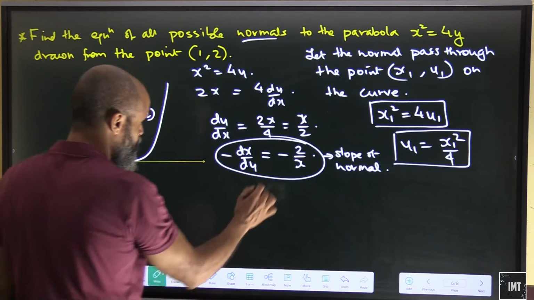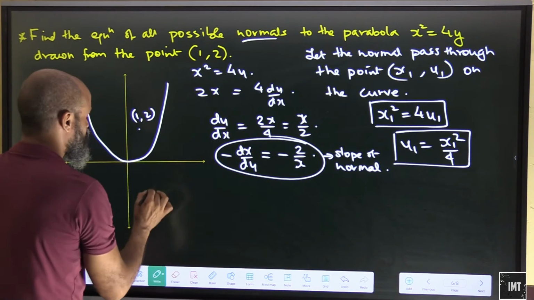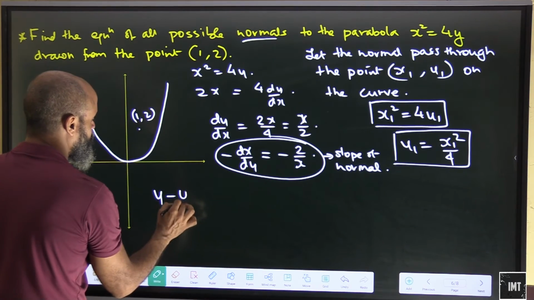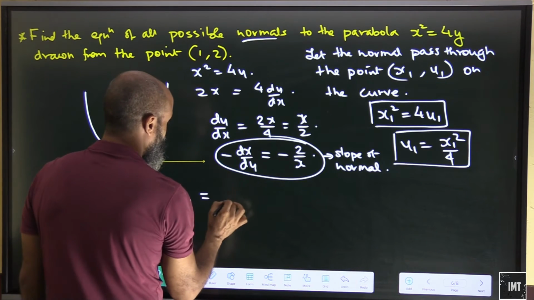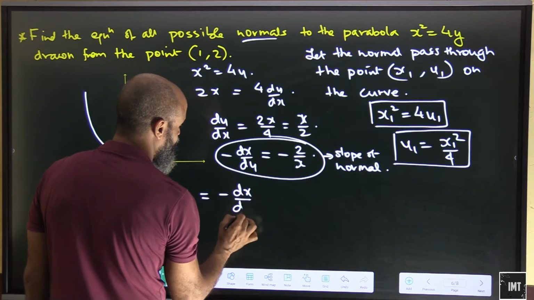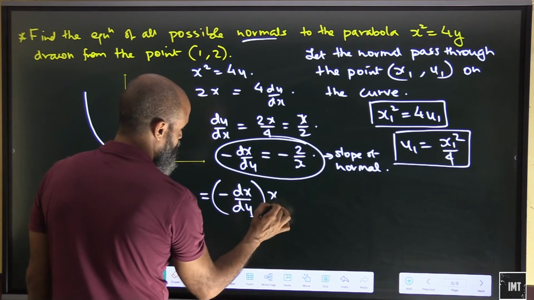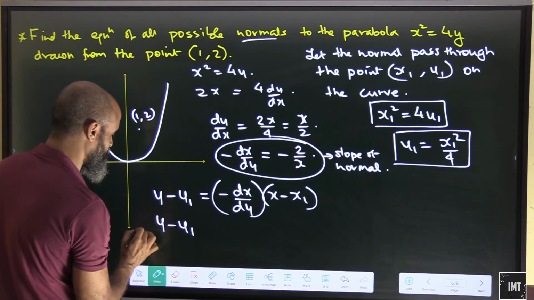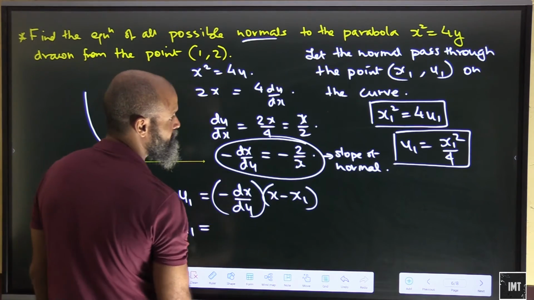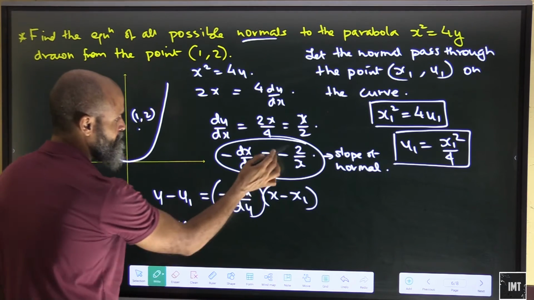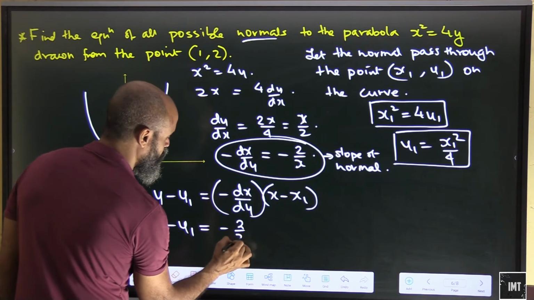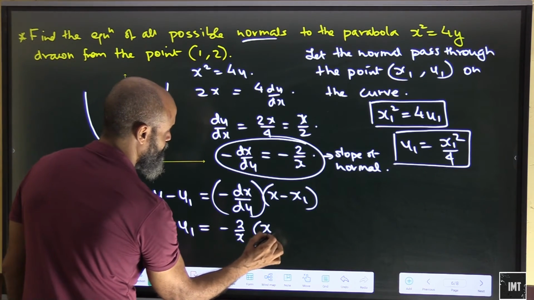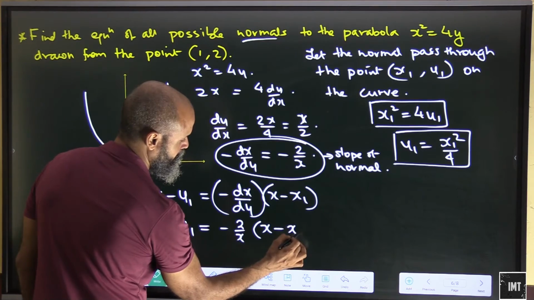Now since this passes through this point, we can say y minus y1 is equal to minus dx by dy into x minus x1. So this is minus 2 by x1 into x minus x1.